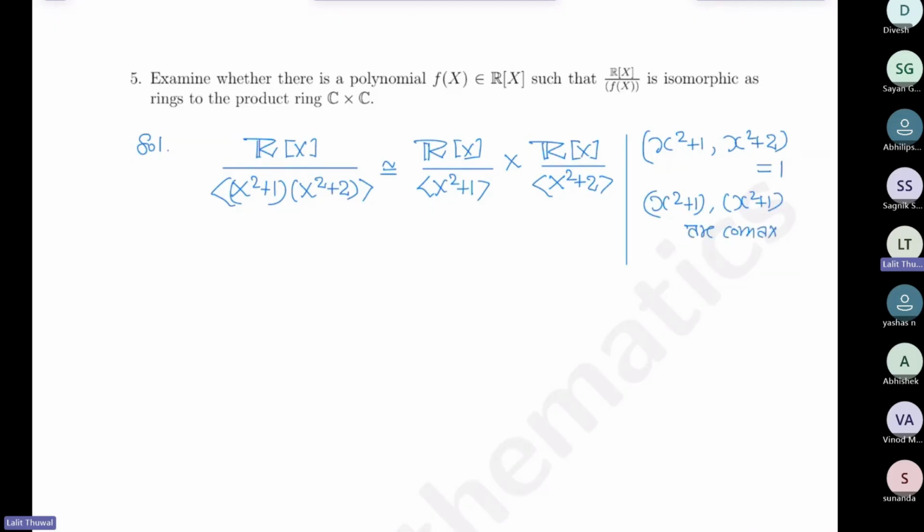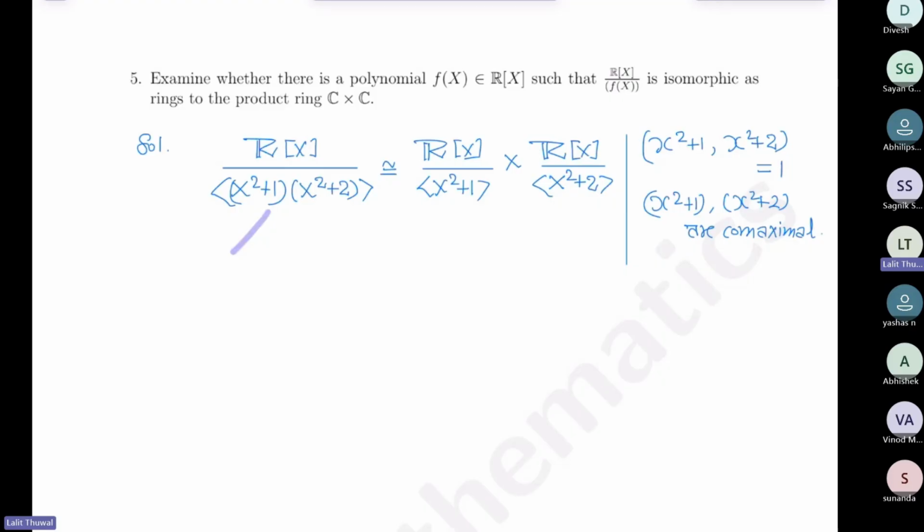Co-maximal means their sum is 1. Because their GCD is 1, you can find polynomials in R[x] so that this linear combination, x square plus 2 into g, comes out to be 1. So they are co-maximal. What I did is consider this, okay, f is this.